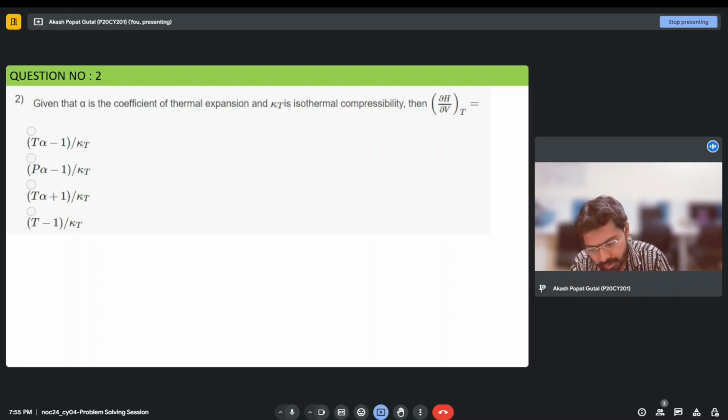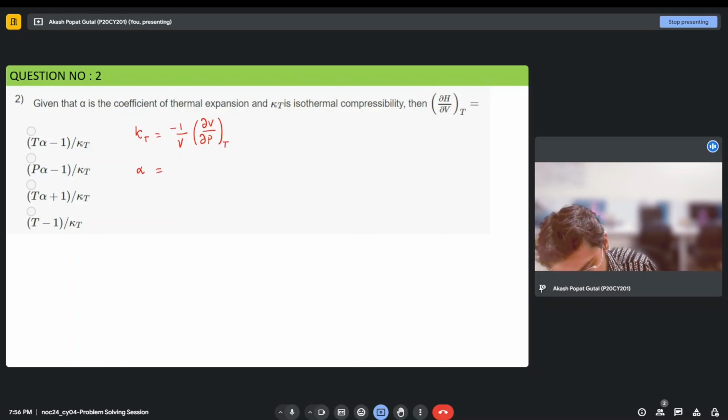For your information, I can write here kappa T is minus 1 by V del V by del P at constant temperature T, and alpha is 1 by V del V by del T at constant P.